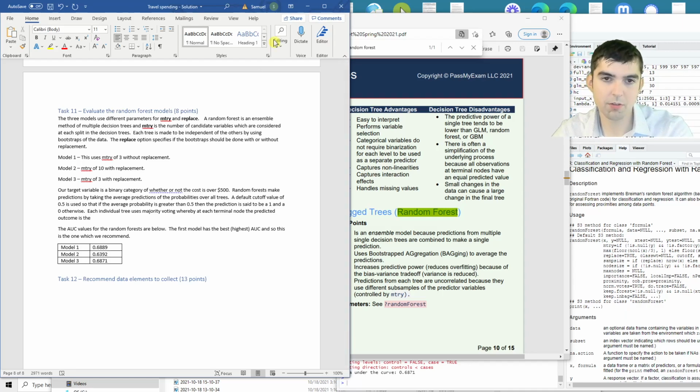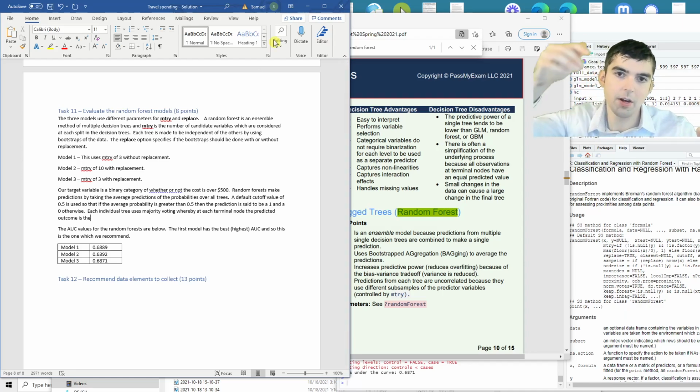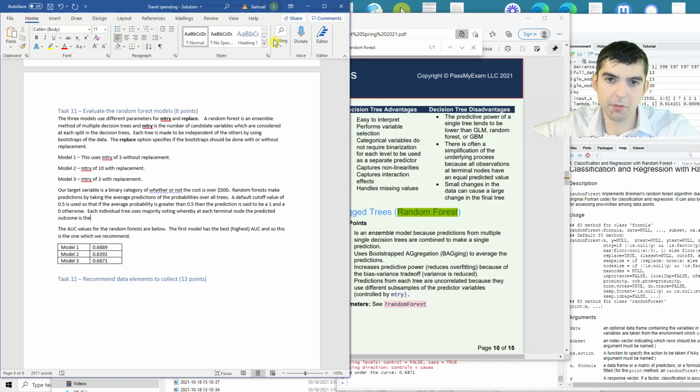For each tree, you have multiple branches, right? And each forest is made up of multiple trees. So a single value will make its way through all of the trees, and it will be on one of the branches on each tree. So there will be some probability for each tree, and then you just take the average of that probability for the random forest.